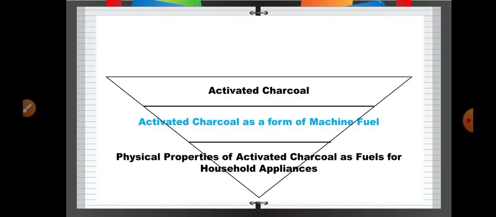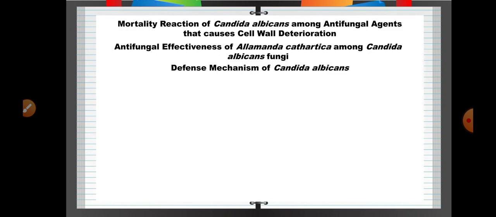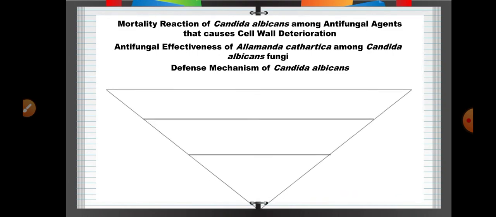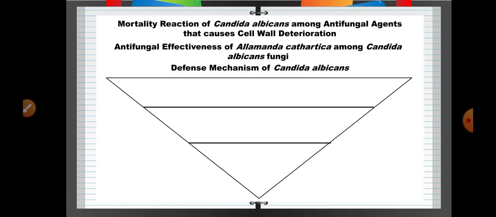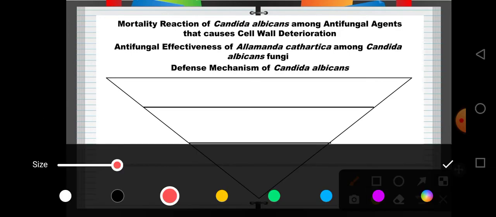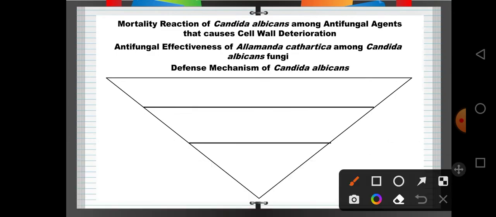Okay, let's have another example. Mortality reaction of Candida albicans among antifungal agents that causes cell wall deterioration; antifungal effectiveness of Alamanda cathartica among Candida albicans fungi; and defense mechanism of Candida albicans. The main area of concern here is the Candida albicans fungi.